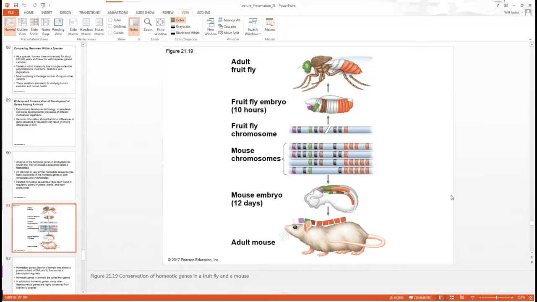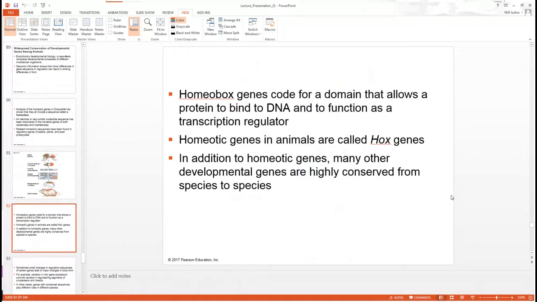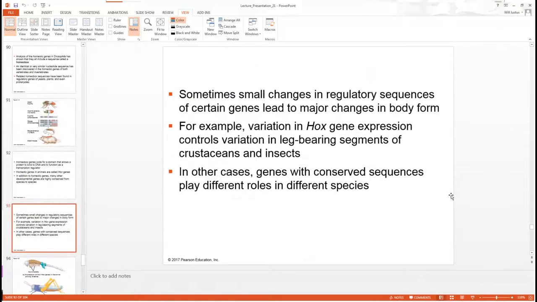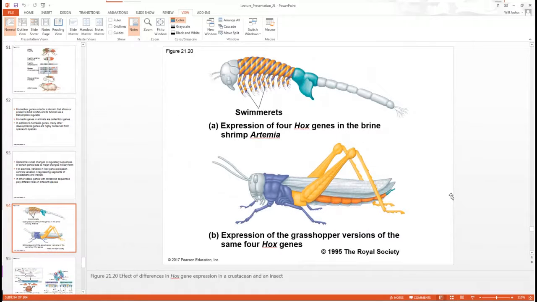Or even if it somehow was able to live and reproduce, it certainly wouldn't have done as well as the ones with a normal functioning Hox gene, and therefore that mutation would have been lost in the gene pool rather quickly. And there are a lot of these highly conserved genes. A lot of them are responsible for development. Here are a couple other organisms and their expression of Hox genes.